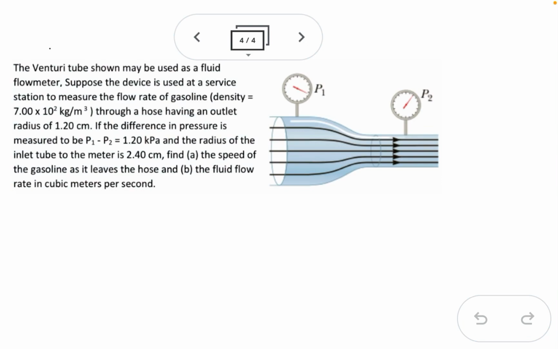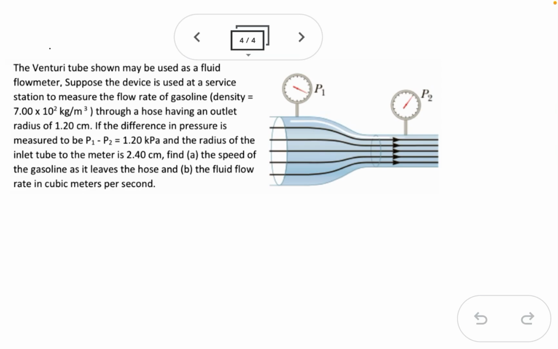Okay, they want us to find the speed of the gasoline as it leaves from this end. So it's entering from there and then goes out from that side. So now they want us to find the speed as it leaves this particular tube on the other end, on the outlet, so to say.